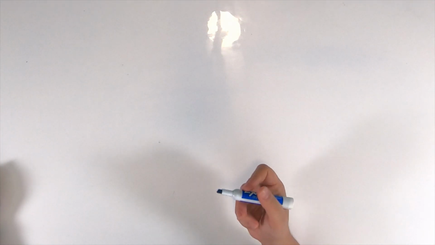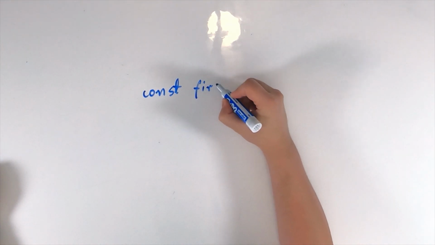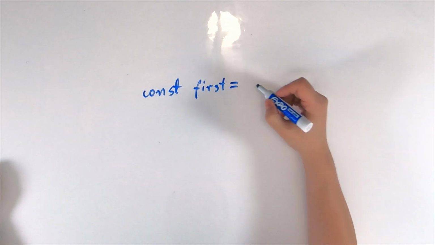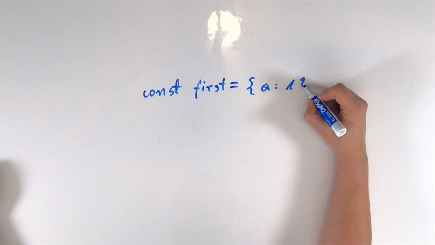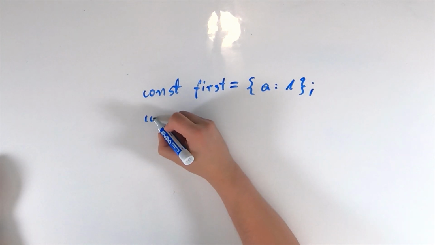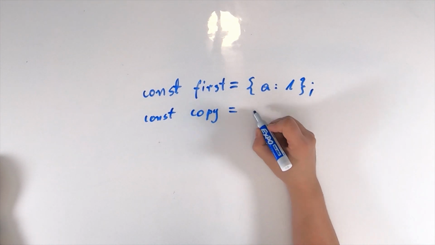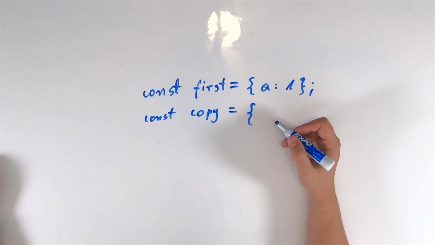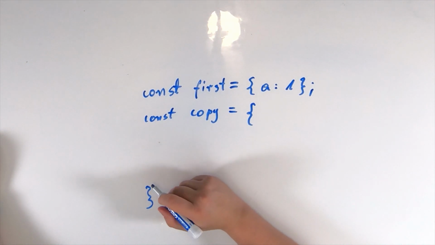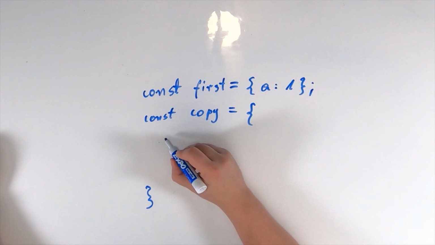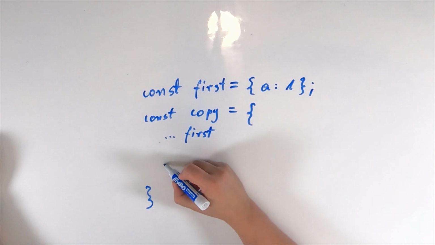So let's say I have an object that is first, and it equals a equals 1. Then I want to create a copy of the first object. So I'm going to use the destructuring assignment, and I can declare some other property.